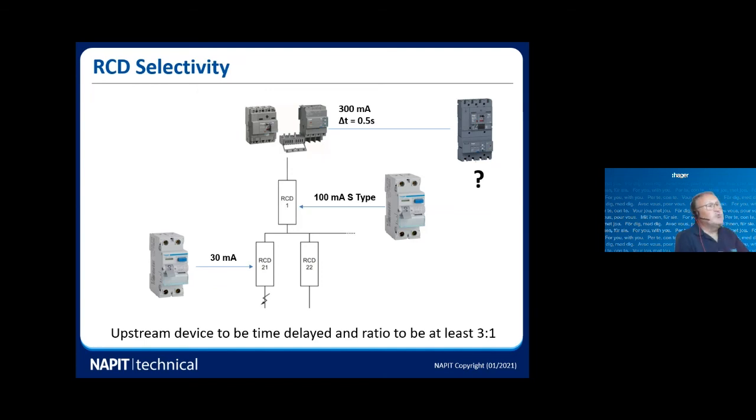So the actual total clearing time is probably 0.8 of a second. So for the one with the question mark there, if we set that to 1 amp, 1 second, we will achieve a good level 4 RCD selectivity by using both time and current.